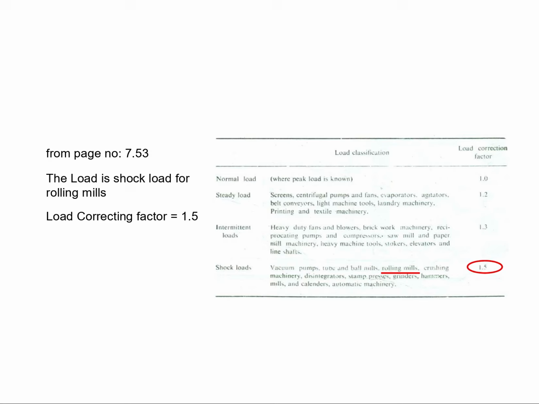Yes, available. And then under the column of load correction factor, if we search it, we can find 1.5. So the load is shock load for rolling mills. So load correction factor equal to 1.5. This data is available in PSG design data, page number 7.53.